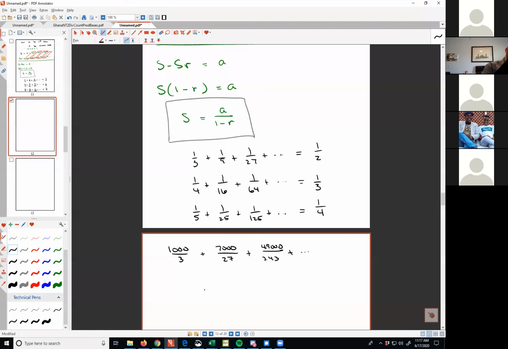So the first term divided by 1 minus our common ratio, and this number comes out from this arithmetic that involves the first term and the common ratio, but it's not so easily predictable as some of the other geometric series that we've seen.